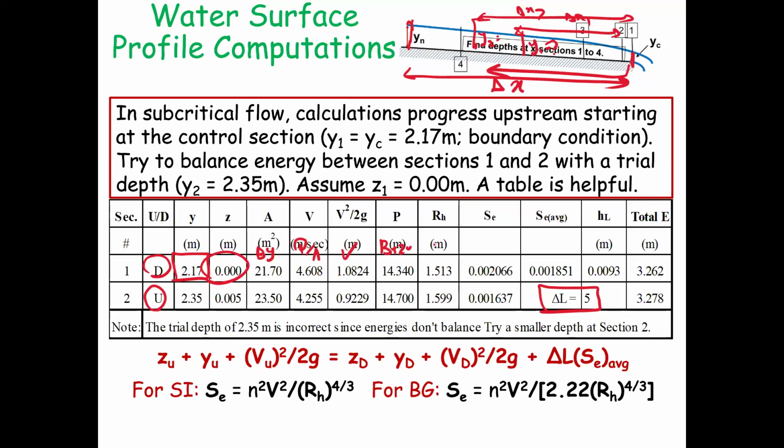B plus 2y, A over this one. For SE, you have the equation, right? SF or SE, both correct. This one you cannot calculate. And this one, since it's SE average multiplied by delta L, I will keep that. Total energy, I should keep that as well.